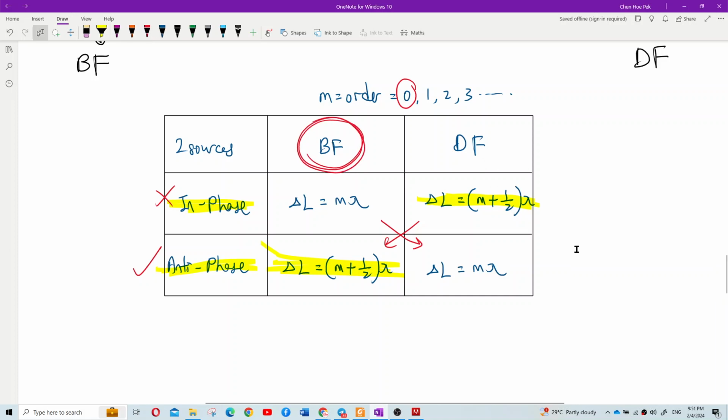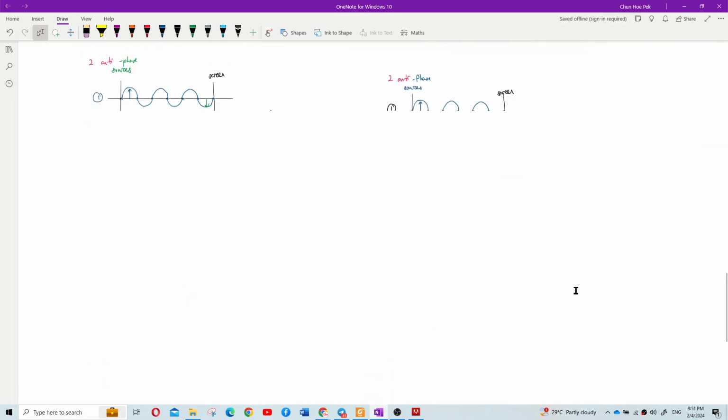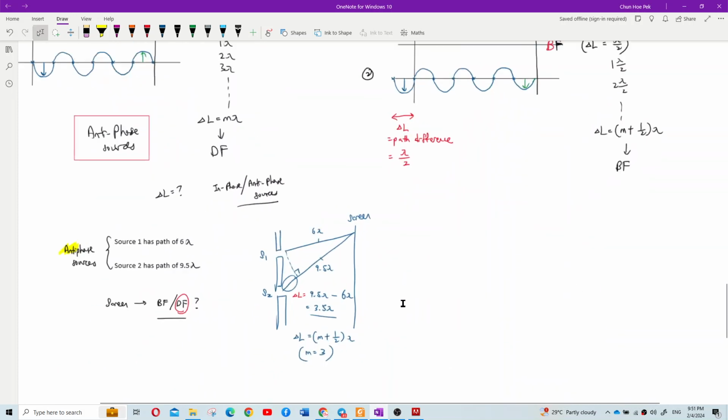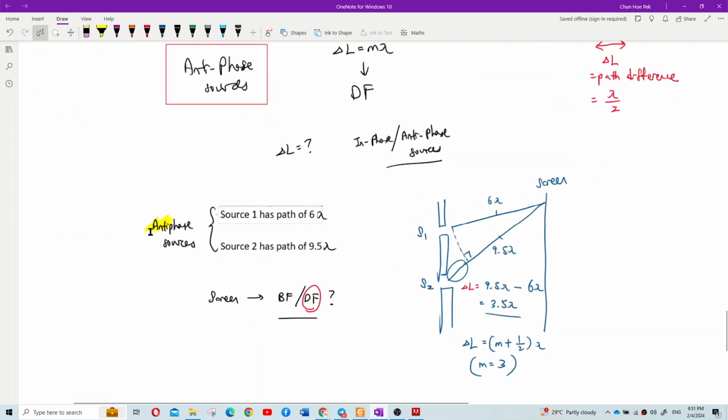Understand, class? Because you are using anti-phase source, you calculate its delta L first. Its delta L is 3.5 lambda, in the form of M plus half lambda. Yes, it is indeed M plus half lambda, but this uses anti-phase source. For anti-phase, M plus half lambda is not for dark fringe, it is for bright fringe.